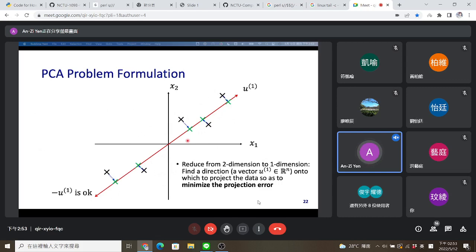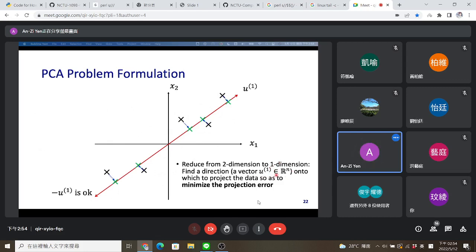So we can write the PCA problem a little more formally. We can say the goal of PCA, if we want to reduce the data from 2-dimensional to 1-dimensional, is to find a vector like u1. Here Rn means, in this case, R2.